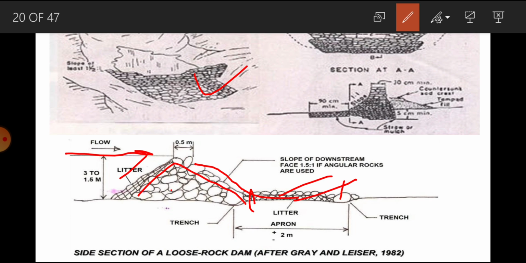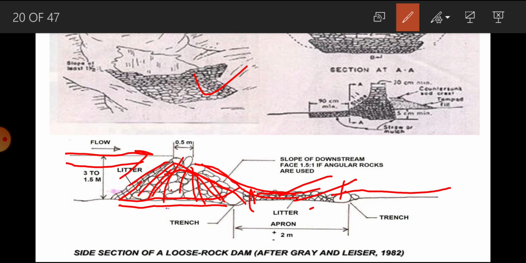For doing this you have to construct a little trench here, so that you can place some boulders for better stability, and then you can keep boulders over here. Once the upstream flows from this, it will go into downstream, and downstream will flow over the apron, and then further.